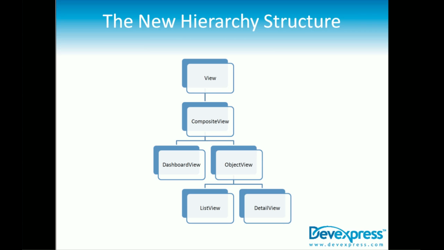So inside the dashboard view, each view has a dashboard view item which can support displaying quite a large range of things, so images and text and action controllers and all those kind of things, and we'll have a look at that later on.